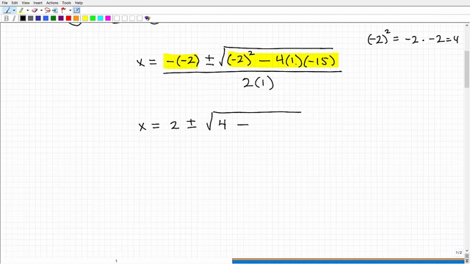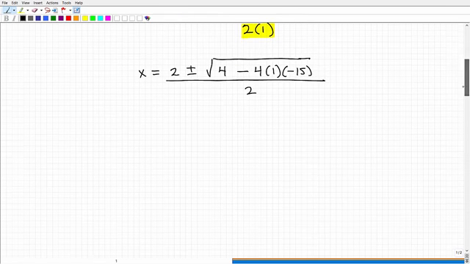Minus 4 times 1, okay, times a negative 15. So I'm just kind of writing this out like this, okay? I haven't done any more steps here. All over 2 times 1, and that's 2. So I'm just kind of simplifying 1 or 2 steps at most per line that I'm writing, okay?